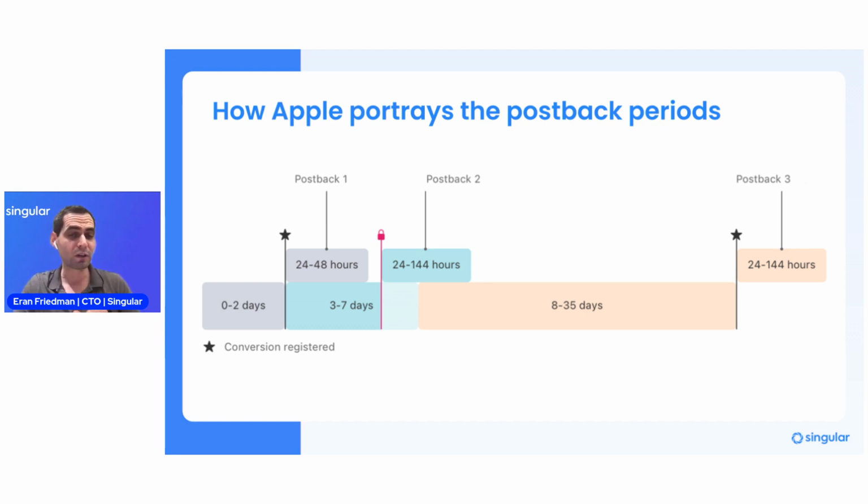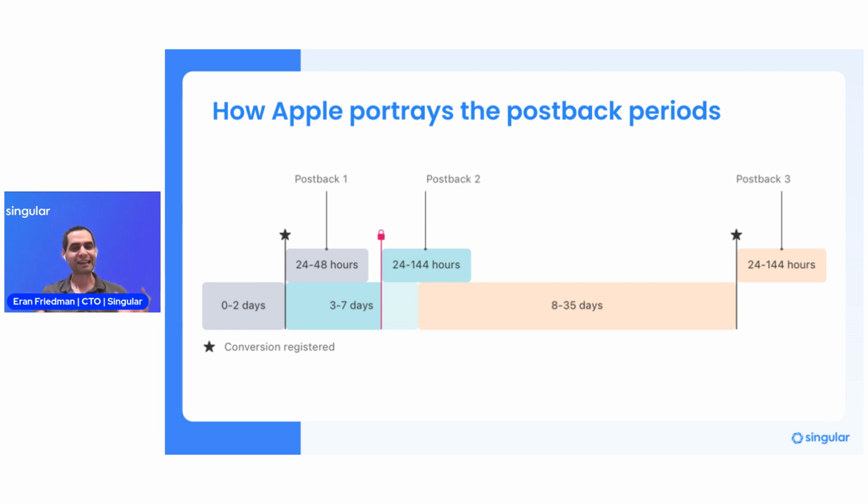But then they also included another caveat, something that adds some complexity here, is that the random timer for the second postback and third postback are for 24 to 144 hours. So let me simplify for you. It's 1 to 6 days from the postback time.